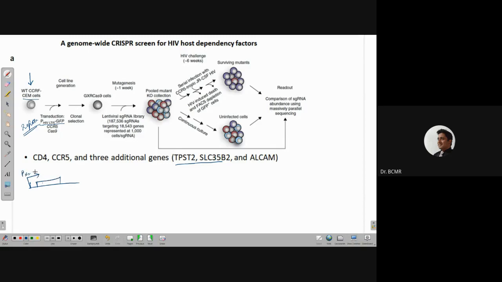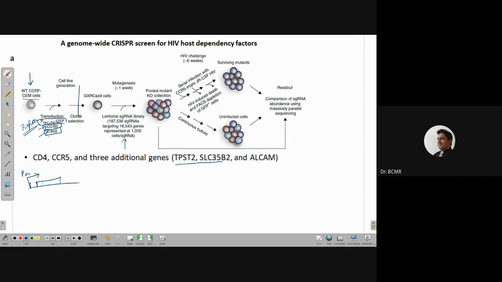Then CCR5 is incorporated, and then they have Cas9 also integrated. Those are the three elements that we require. CCR5 is essential for the type of HIV strain they have used. Cas9 is for making the mutations in the later step.